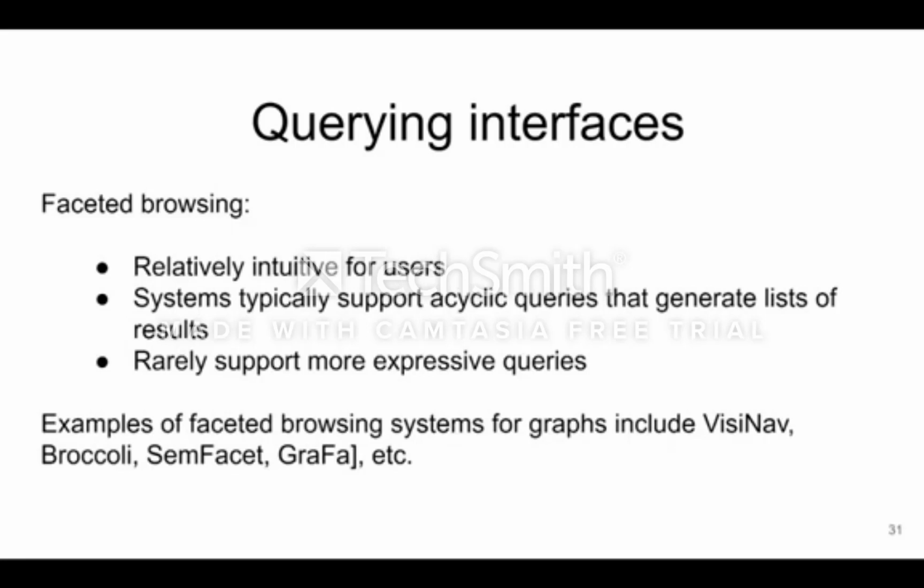Though relatively intuitive for users, such systems typically support acyclic queries that generate lists of results, analogous to graph queries that process a single variable, and rarely support more expressive queries. Here are some examples of faceted browsing systems for graphs.